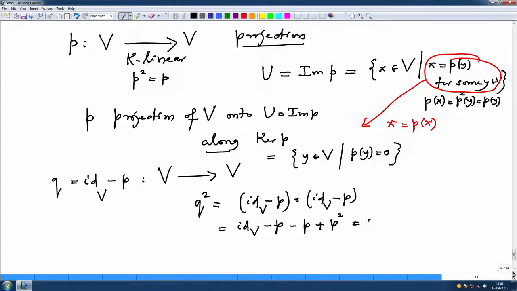Simplify this. This is IDV minus P, and this P square is P again, and that will get cancelled with one of them. So, you get this, which is nothing but Q again. So, Q square is Q, what we have proved is Q is also a projection.